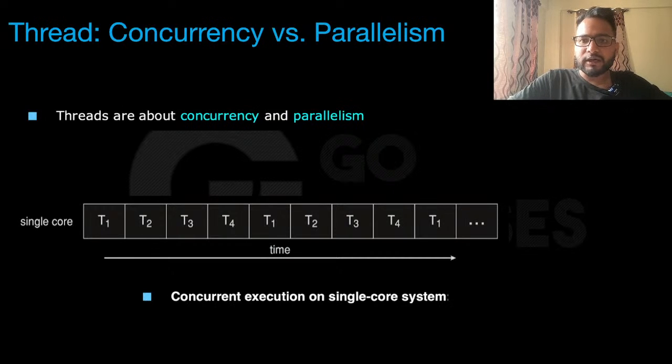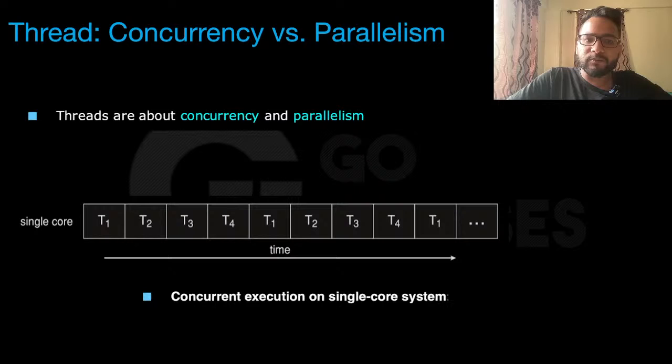So I was saying that if you are concerned about the threads, then you can run those threads in parallel, or you can run these threads in a concurrent way also. If it is just a single CPU, then you cannot run in parallel, because using a single CPU, how can you run in parallel?